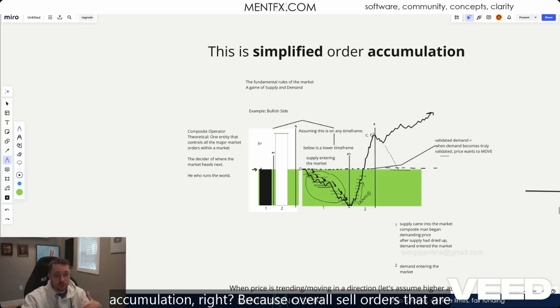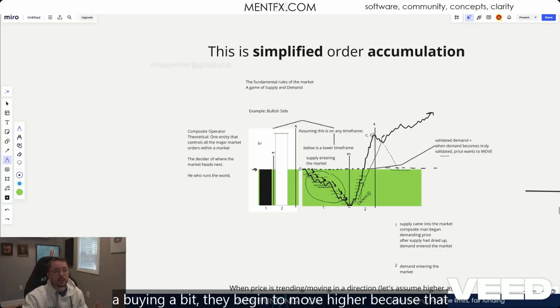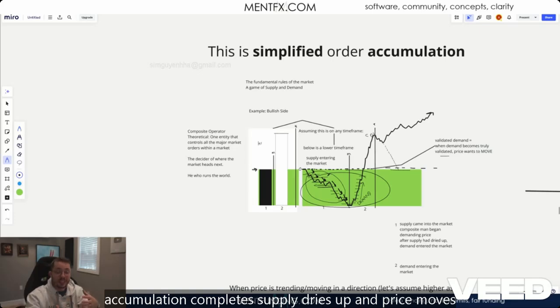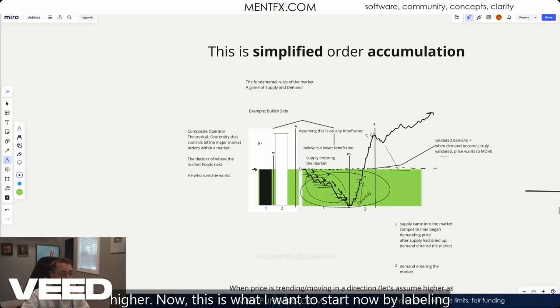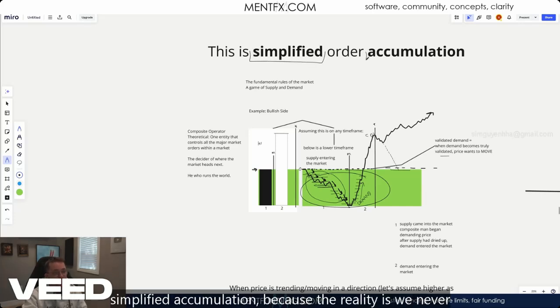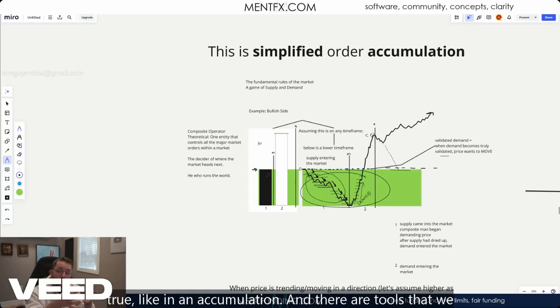Because overall sell orders that are coming into this market are being accumulated, bought up, and after going sideways for a bit, they begin to move higher because that accumulation completes, supply dries up, and price moves higher. Now, this is what I want to start by labeling simplified accumulation, because the reality is we never know if something's truly being accumulated, and there are tools that we can actually use to see that and define that.